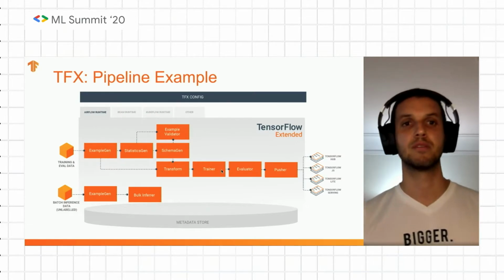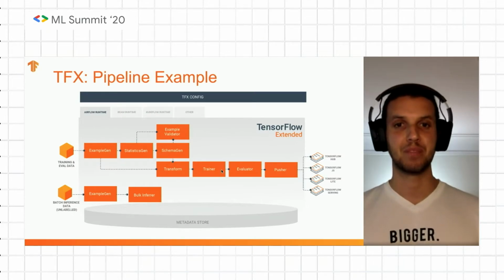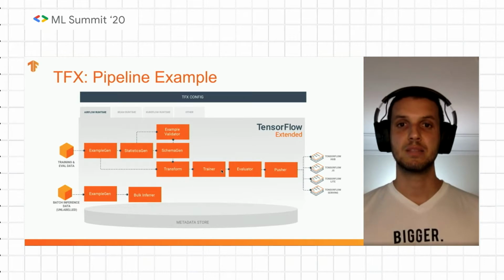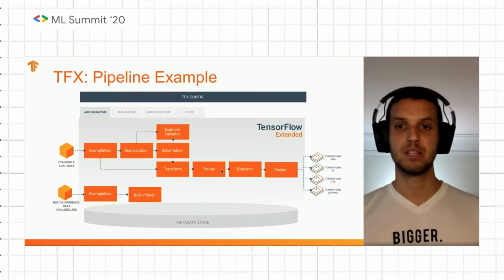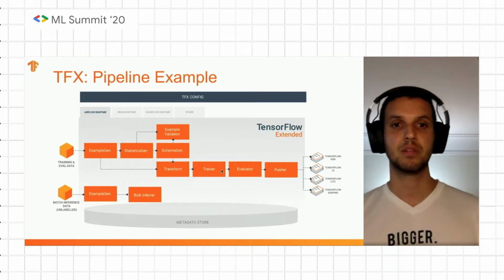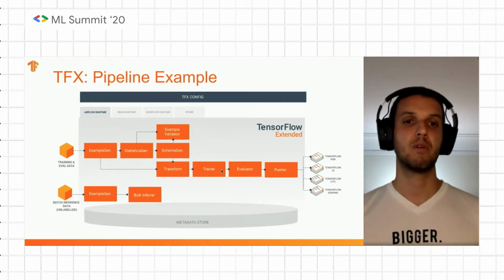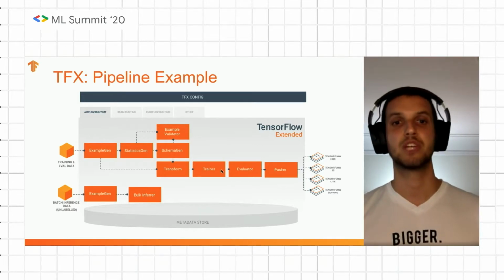Here's an example of a TFX pipeline. This pipeline is implemented in the Airflow runtime, as we can see, and all the components are depicted in orange. We start from the left. We have our first component, called ExampleGen.